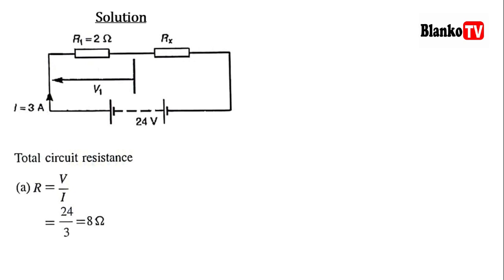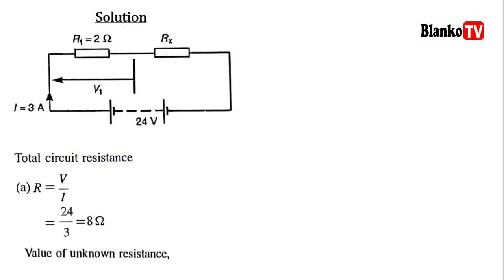So now that we have the total resistance of the circuit, to calculate for the unknown resistor, which is RX, we just subtract R1 from the total resistance to get our RX. I hope you are following.